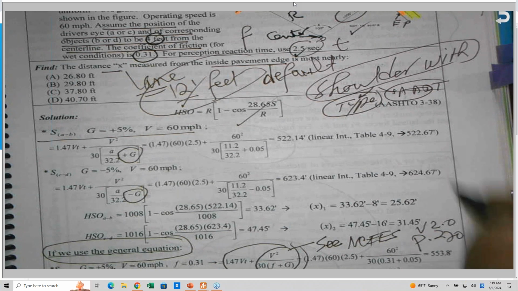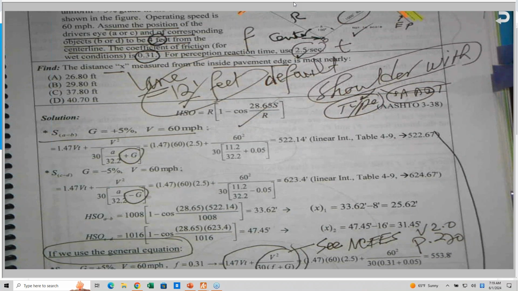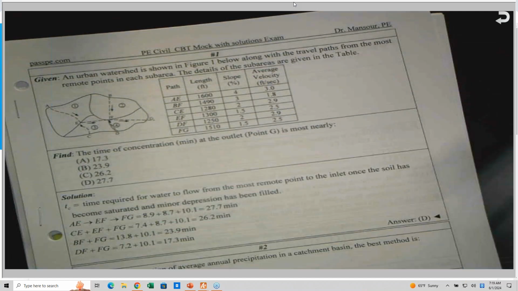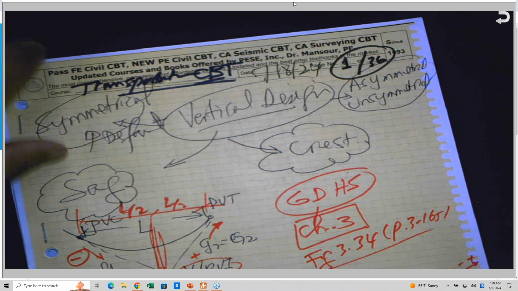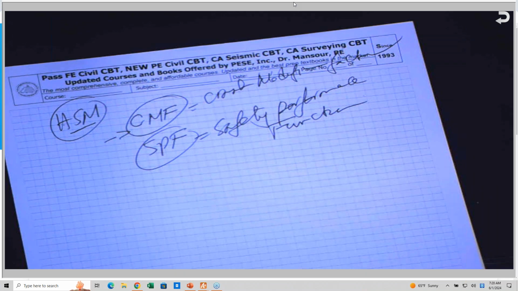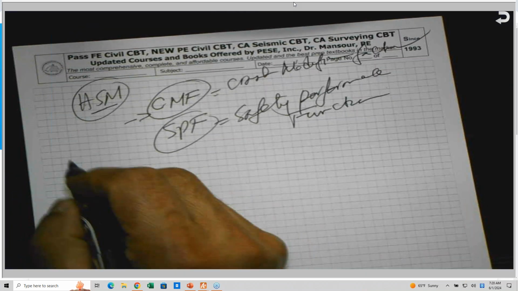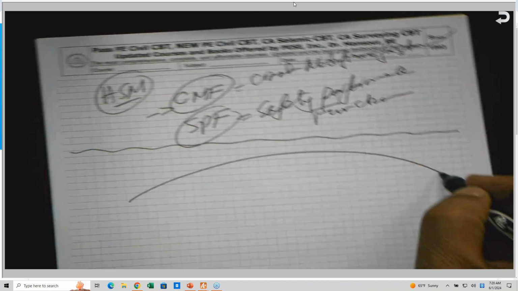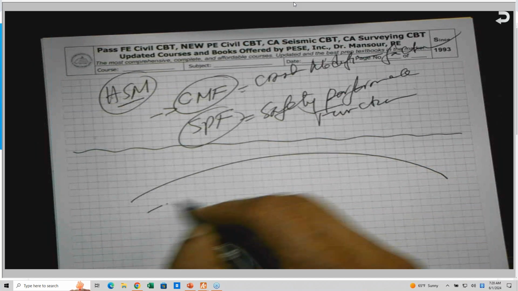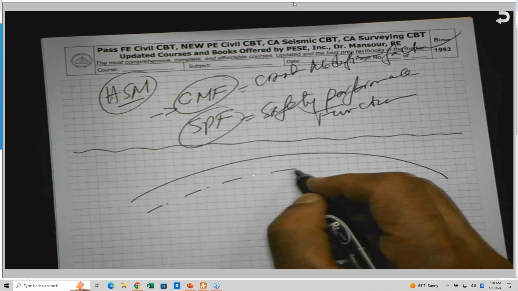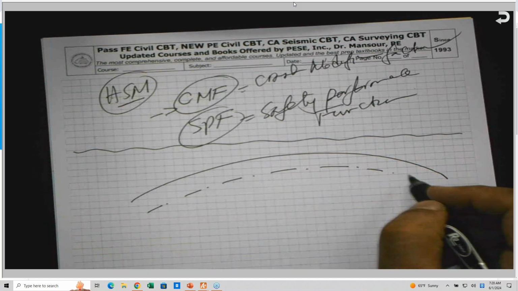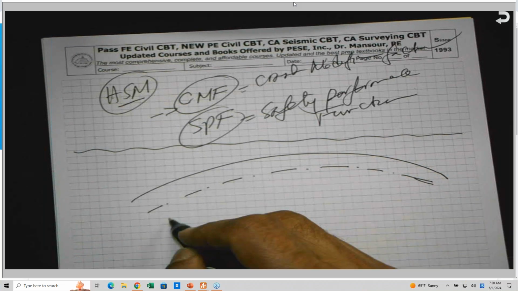So I will be glad to scan this problem and send it again, but the inside lane is going to be the controlling one, because this is the one that's closer to the object that we are trying to set back far away from the line of sight of the driver, in order to come to a complete stop in case there is a car or an object on the other side of the curve, like that.